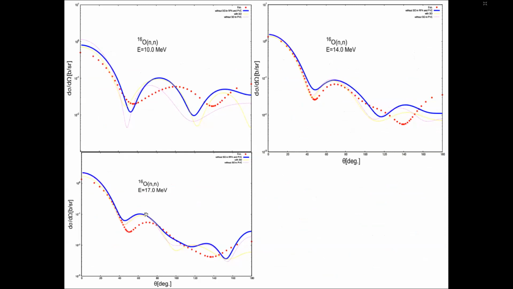And this result is very new for me also, today. As I said at the beginning, the spin-orbit term is very time consuming. For example, if I take into account the spin-orbit term in the particle-vibration coupling, then the time for the calculation is a factor of 10 compared to without the spin-orbit term.